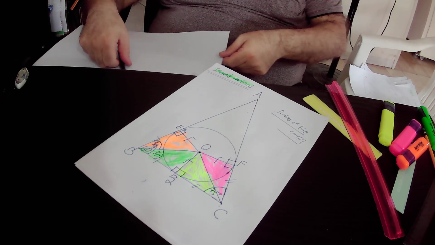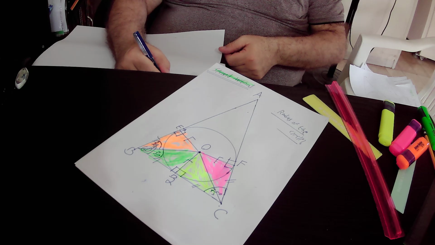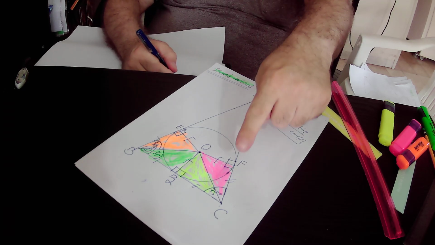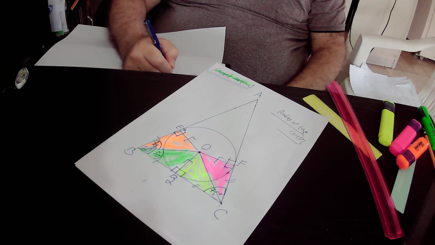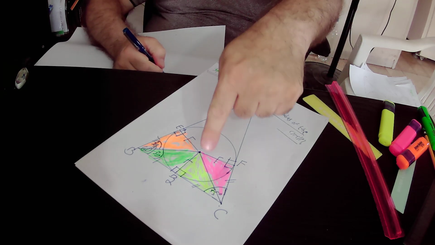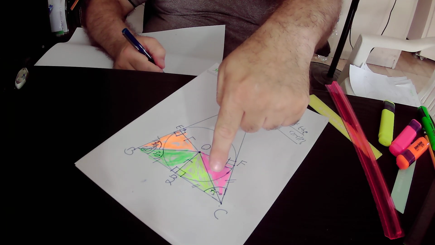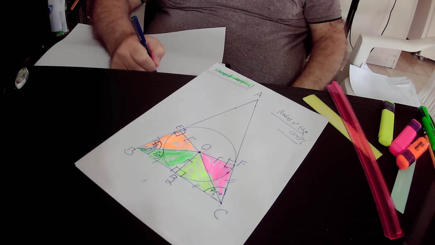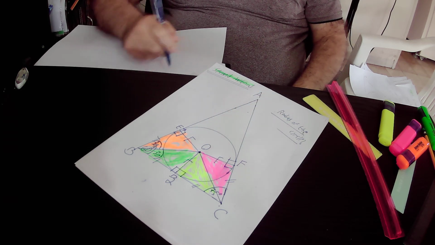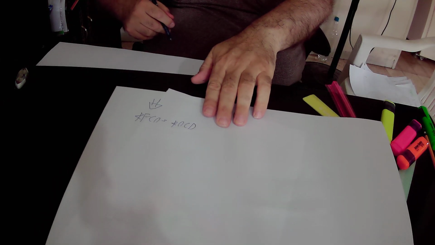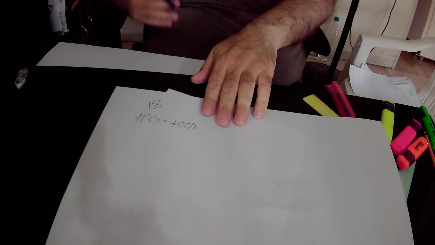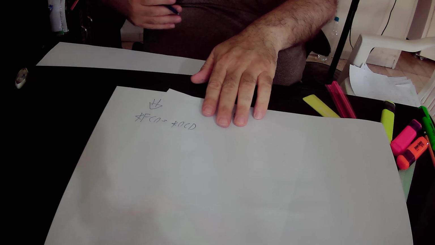So here angle FCO, this angle, is equal to this angle, which is angle OCD. Repeat again: angle FCO equals angle OCD according to the rule that corresponding angles in congruent triangles are equal.